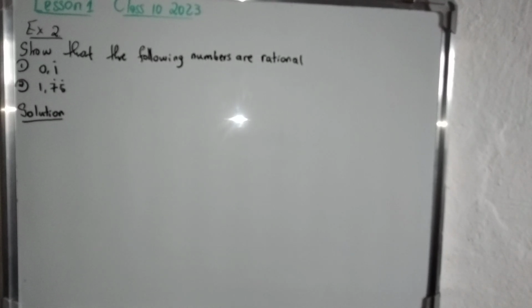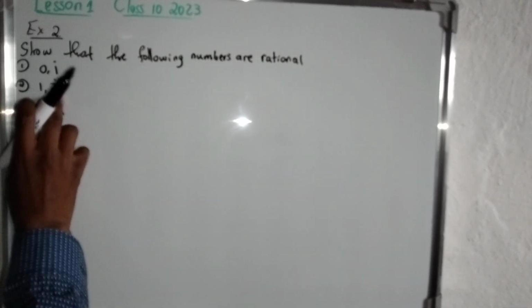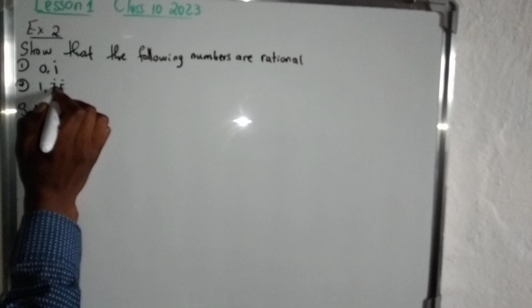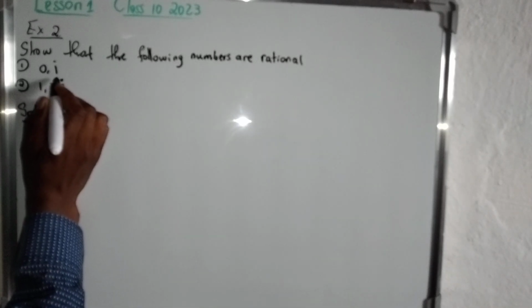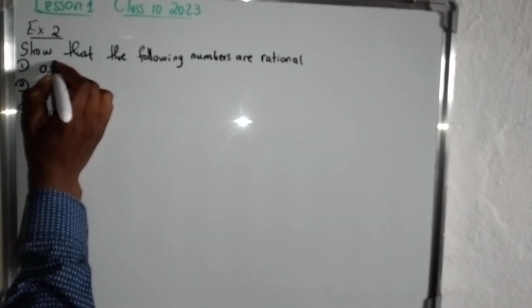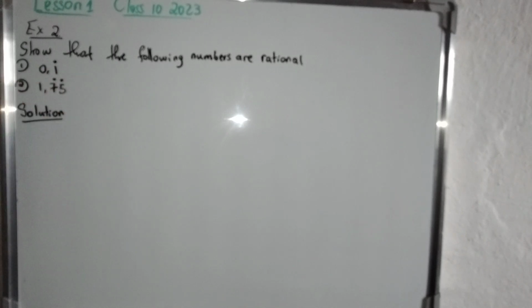The first one is 0.1 and number 2 is 1.75. Let me just rewrite this. This is 5 with a dot here. These dots we call recurring, so it shows that it's recurring.